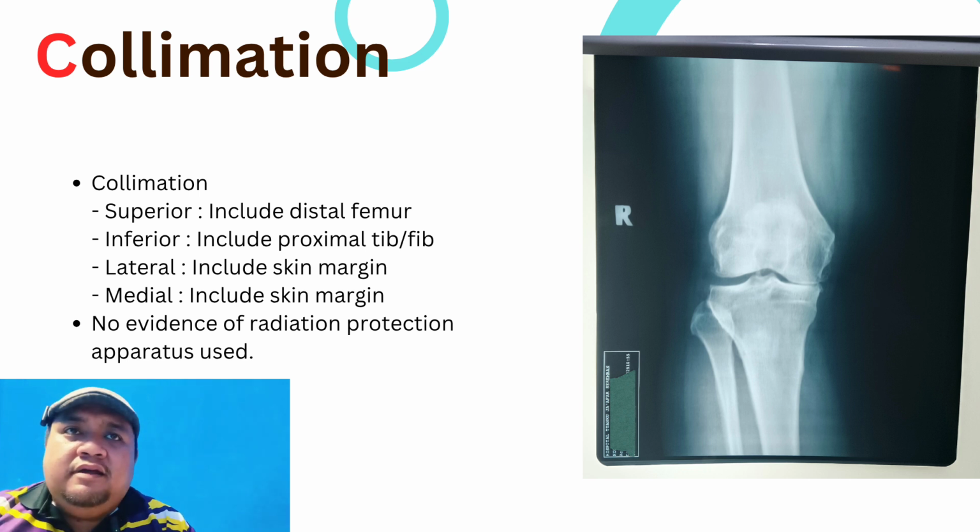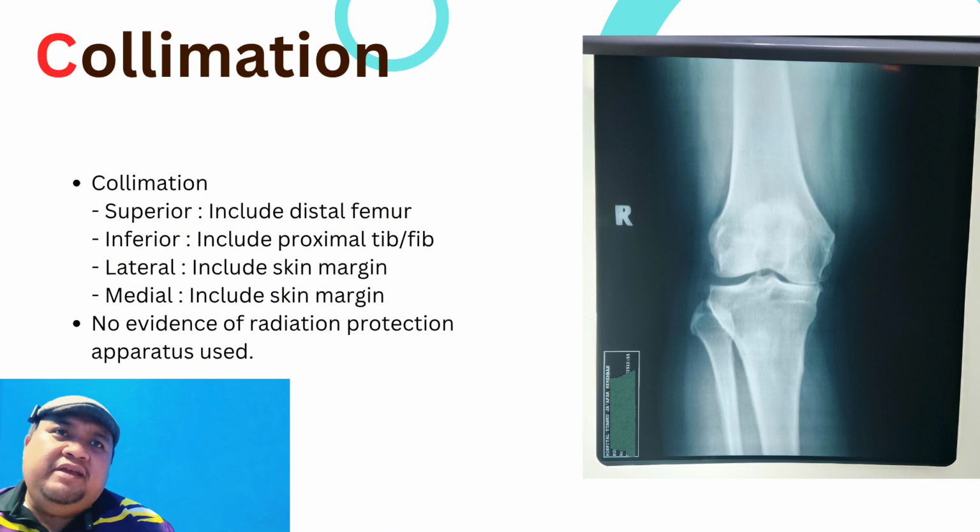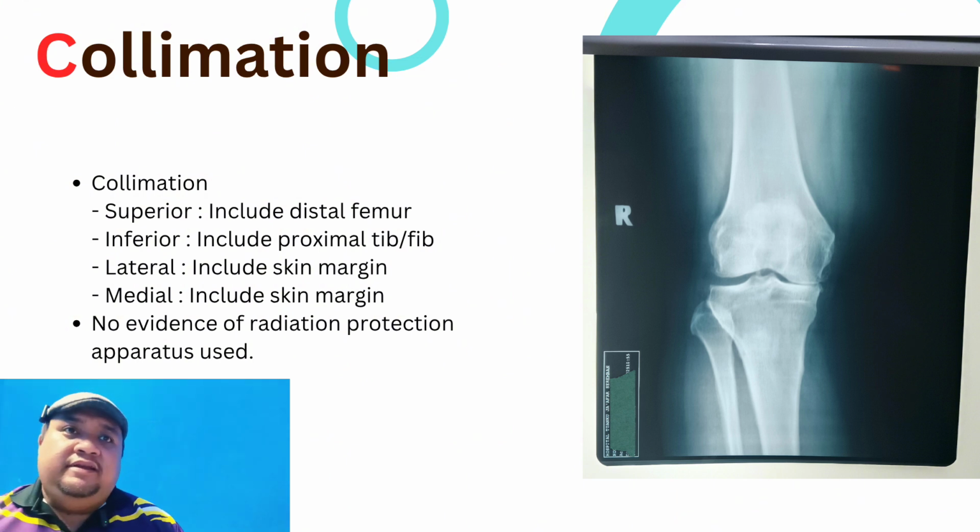In summary, the anatomical coverage is good, but the collimation edges and radiation safety measures could be improved for more complete professional radiographic practice. So, we must give radiation protection apparatus to this patient.